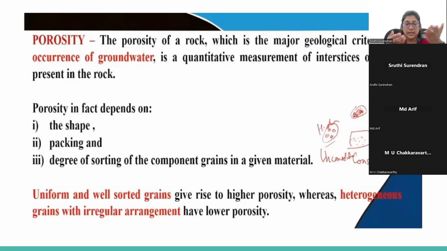After that, the size of the particle is gradually increasing. Then we say it is a uniformly sorted material. But heterogeneous sorting means randomly there will be some portions with small size particles, then another portion with large size particles, and in between there will be large and small size particles together. That kind of disorderly sorting is giving rise to lesser porosity.